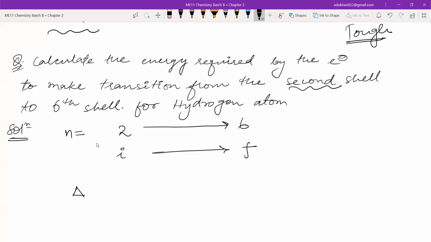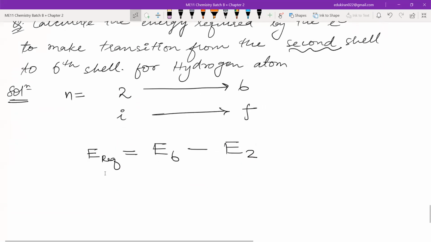So the energy that will be required, delta E, the energy required, will be equal to the energy in the sixth shell minus the energy in the second shell. So all of you, please calculate this.